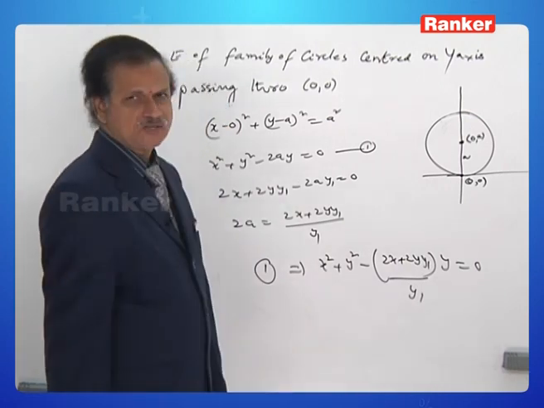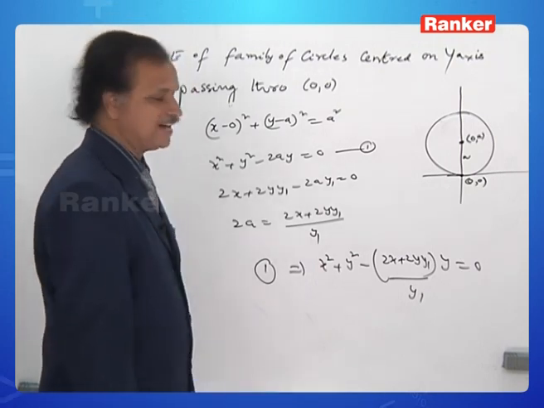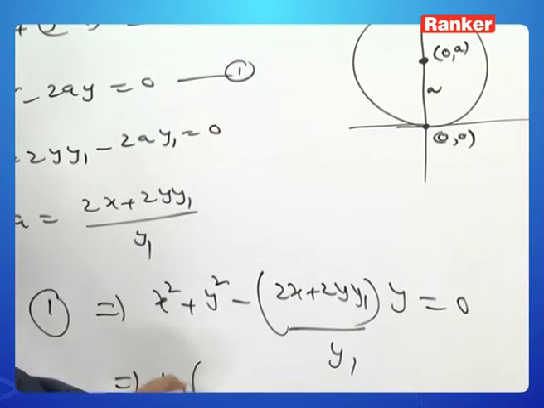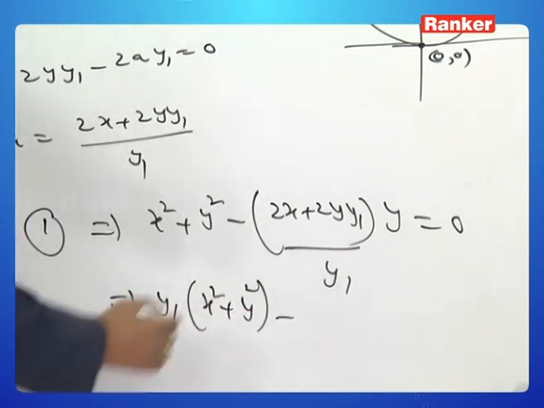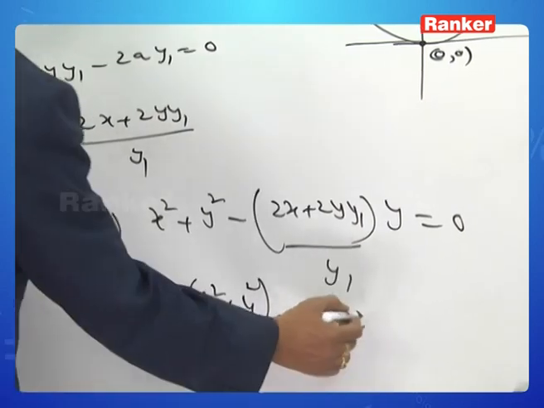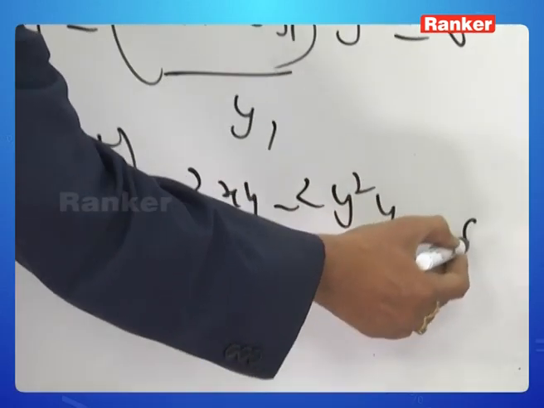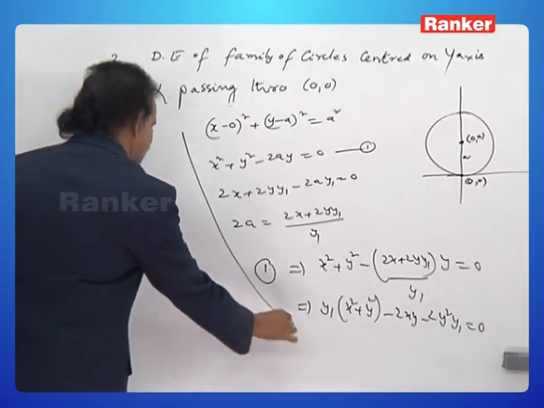Of course, according to the necessity and facility, you can simplify that. Come on, multiply it with y1. What happens? y1 into x square plus y square minus 2xy minus 2y square y1 is equal to 0. From this, we can get y1 as a common factor.